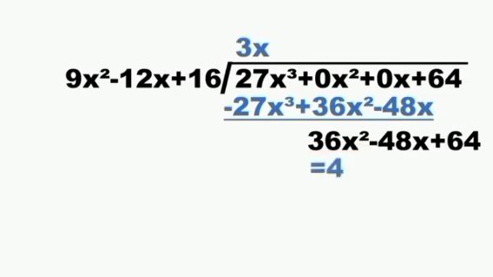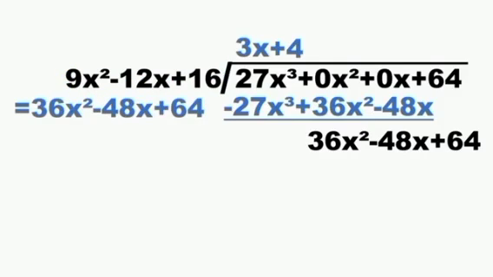Put that on the top, plus 4, and this 4 we are going to multiply to 9x squared minus 12x plus 16, and the answer is 36x squared minus 48x plus 64.